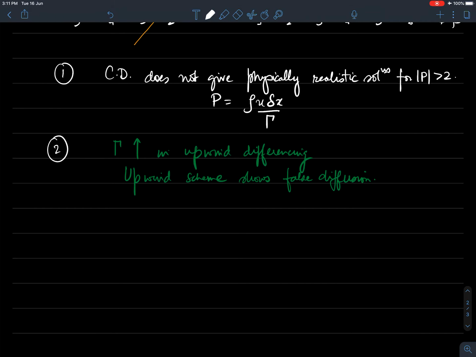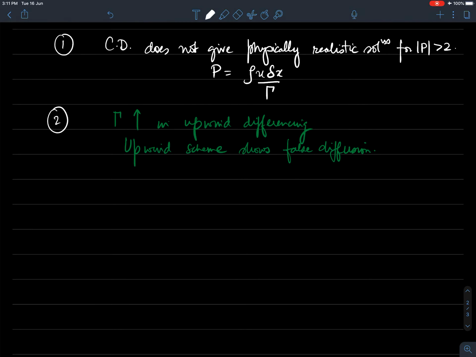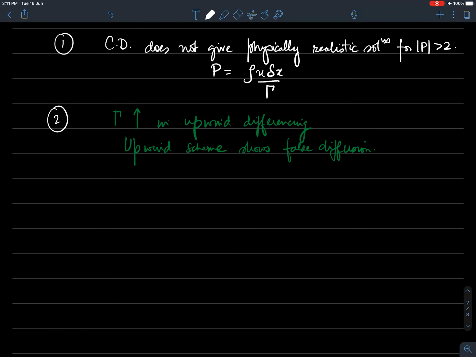Now, knowing this, the selection of the scheme becomes a critical aspect when we are using the finite volume method to solve our problems. So these are some of the accuracy issues related to the schemes that we have covered so far.